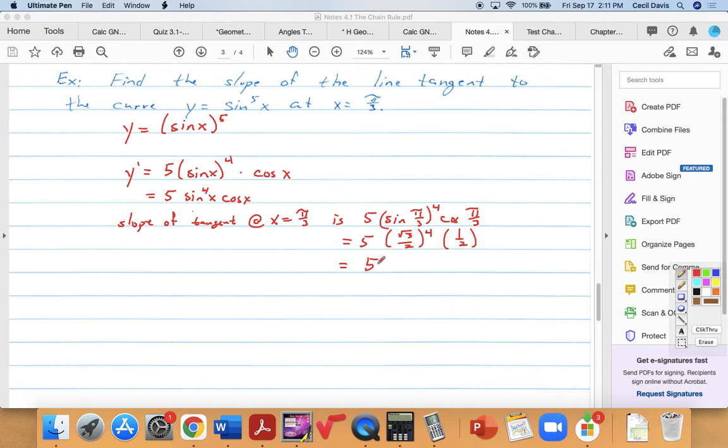So we're going to have 5 times the square root of 3 raised to the 4th power, which is 9, over 2 to the 4th is 16 times 1/2. So that's 45 over 32.